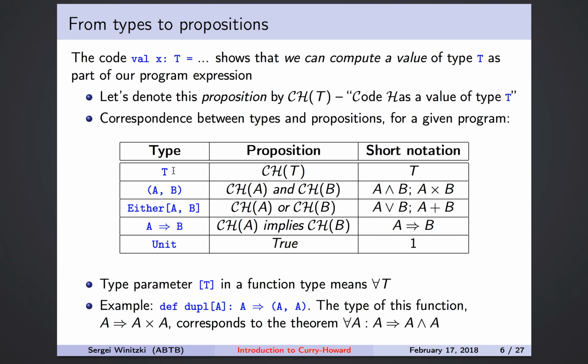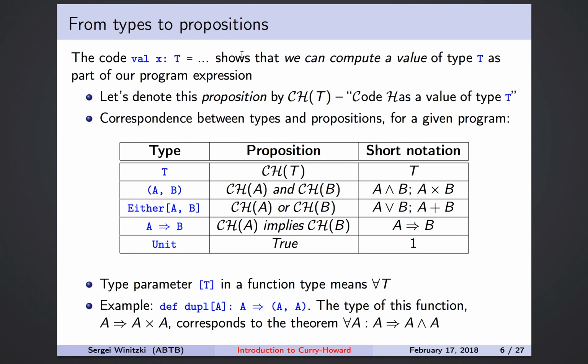So let us now see what type constructions we have, and what are the propositions that correspond to these type constructions. So for type variable t, the proposition will be denoted as ch of t, and in the short notation I will just write t, meaning this at the same time the type and the proposition, because as we will see, there's a one-to-one correspondence between types and propositions.